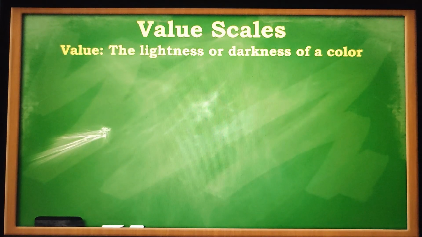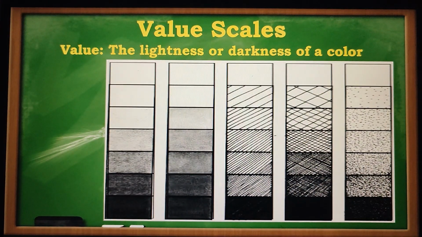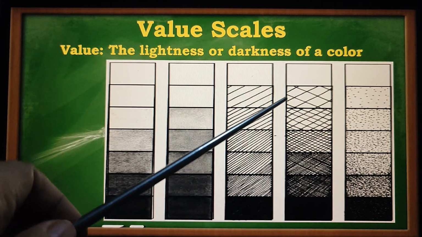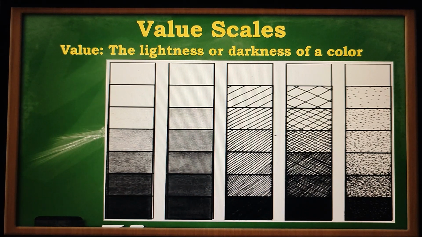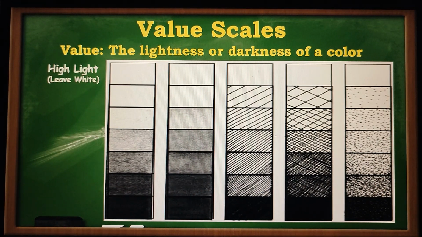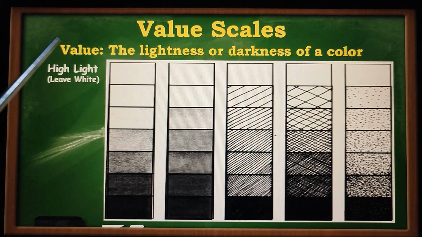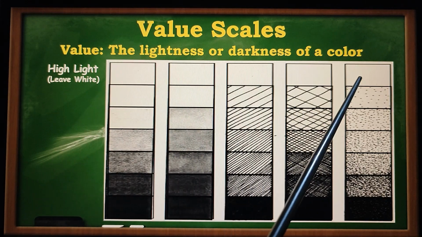We have here a value scale. The lightness or darkness of the color. We have here the light or highlight, or simply that is white.